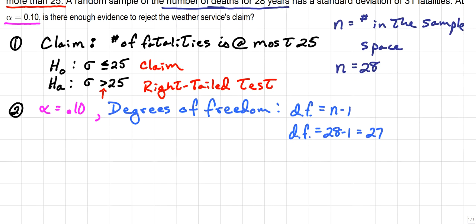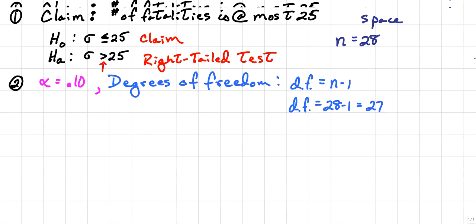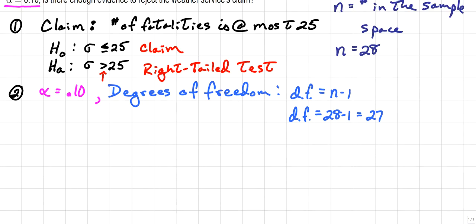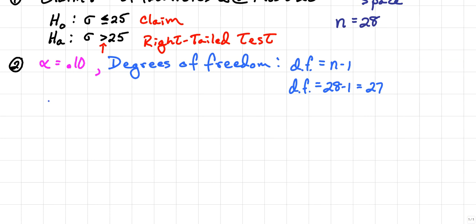So we've identified our alpha, we've identified our degrees of freedom, and we know that this is a right-tailed test. So if we go ahead and look at the graph that we would be drawing for this, the graph looks roughly like this.